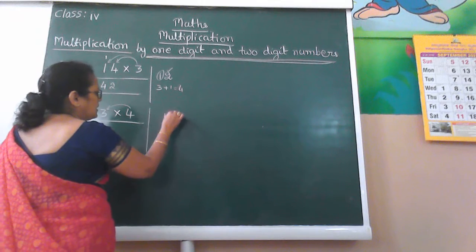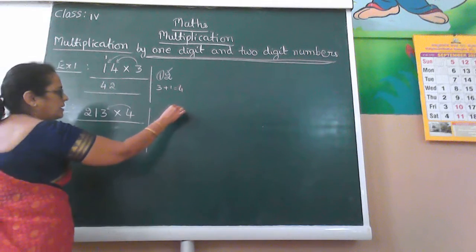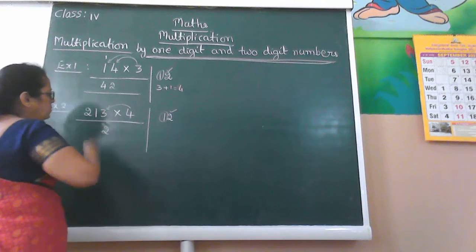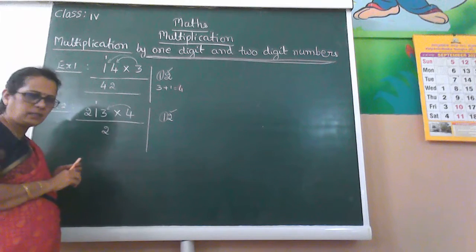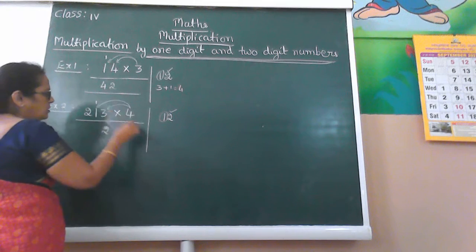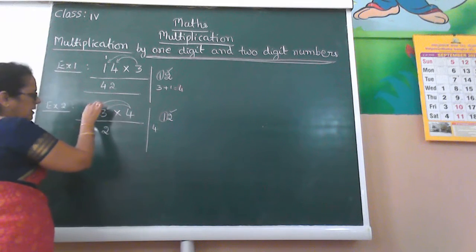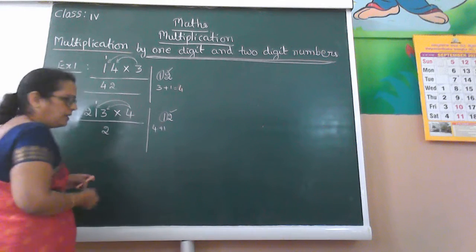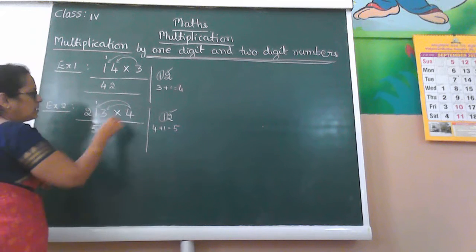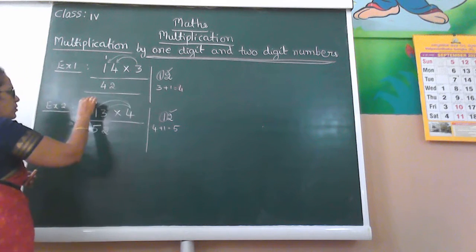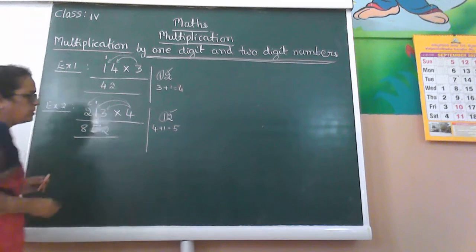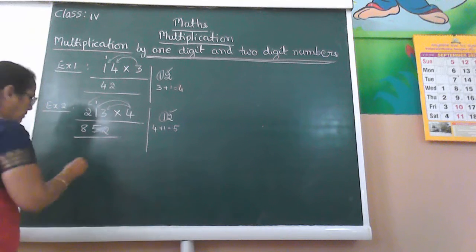So write this 2 here and this 1 you give as carry above the tens number, that is above 1. 4 ones are how much? It is 4. What about the carry, children? 1. So add 1 to this. So 4 plus 1 is 5. Write 5 here. Again you multiply, 4 twos are how much? It is 8.